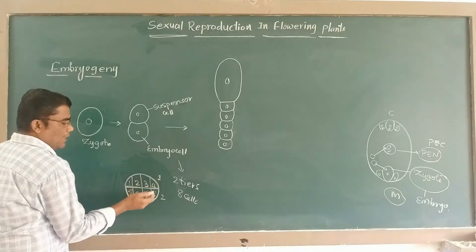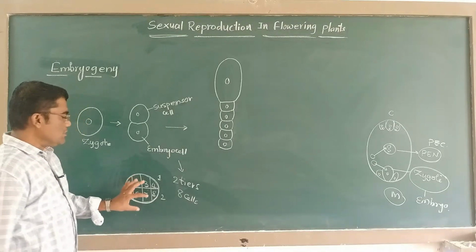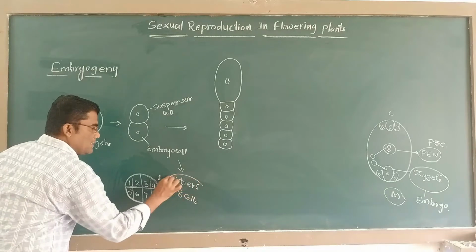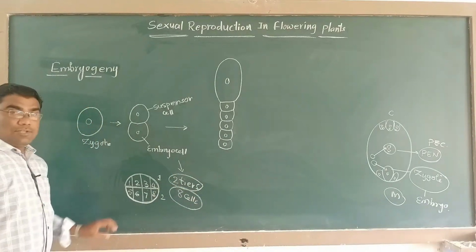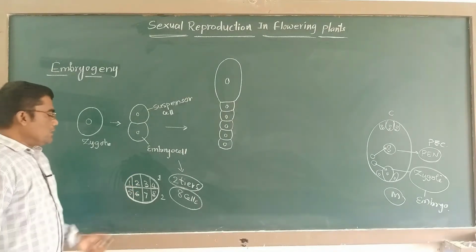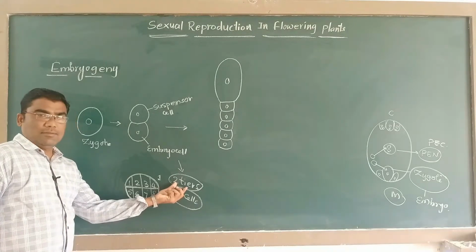Means this is the first layer and this one is the second layer. Total number of cells present in this stage in the embryo are 8 cells. Because of this reason, it is said to be 2 tiers, 8 cell stage. Here the embryo is having 8 cells in 2 tiers, nothing but 2 layers.